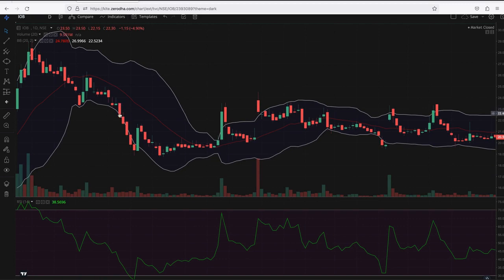Whenever the candlestick crosses the lower Bollinger Band, to cross check it, we can also see the RSI. Here the RSI has also crossed below the 30 level. So this is our entry point, and you can see it almost created a 5 days rally here.